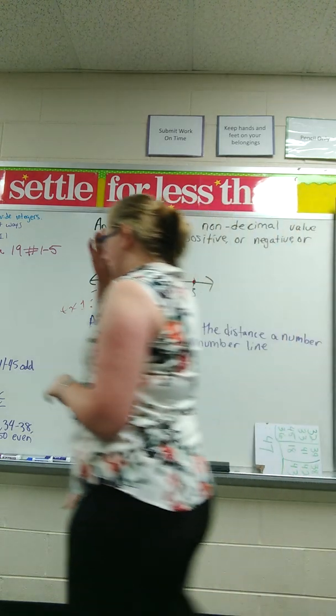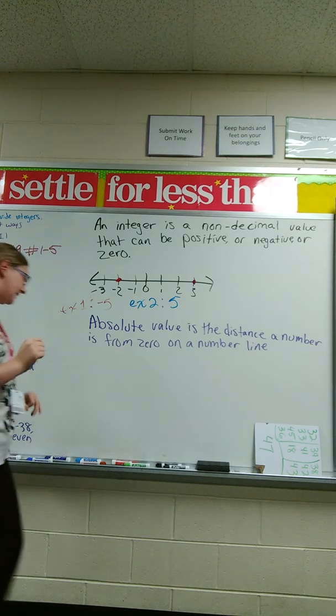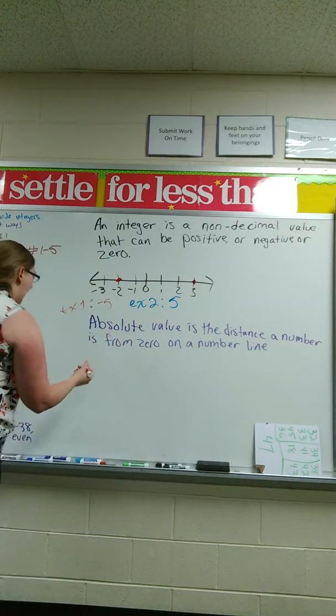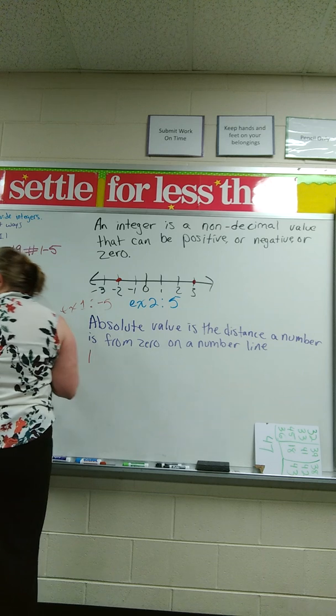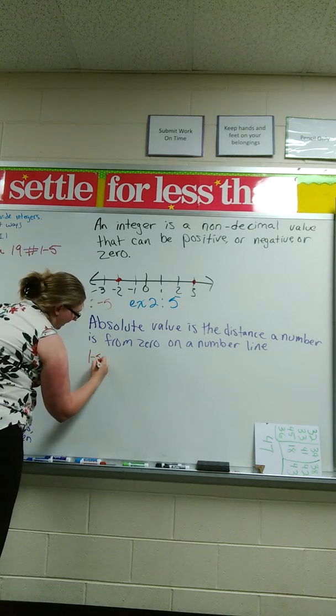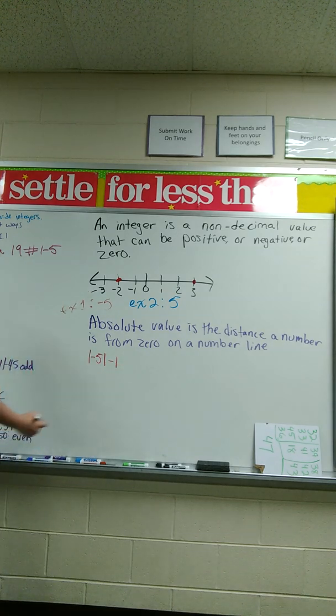I want us to look at example 5. Example 5 says the absolute value, and that's what those lines mean, the absolute value of negative 5 minus the absolute value of 2.